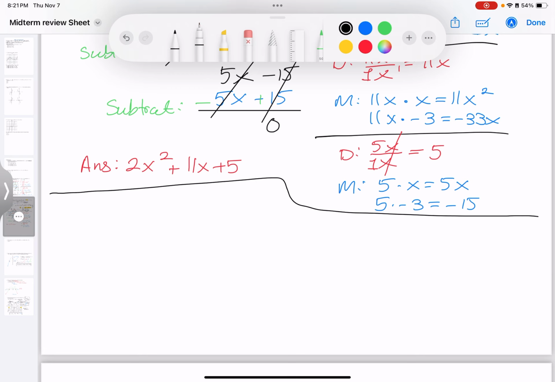So at this point, we're going to factor 2x squared plus 11x plus 5. And no better way of doing that than using our good old-fashioned box method, or the area method.